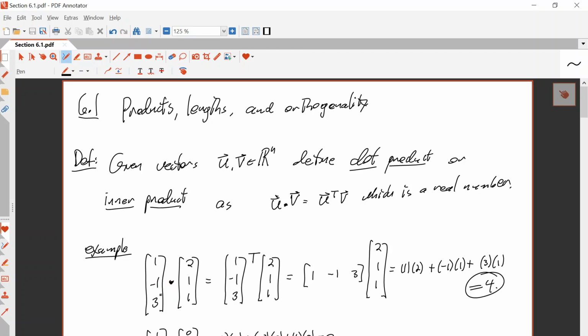In particular, you can define something like this: the product of u and v is equal to u transpose A v for some invertible A. And it's got enough properties that all of the stuff that we're talking about carries over into this new type of product.